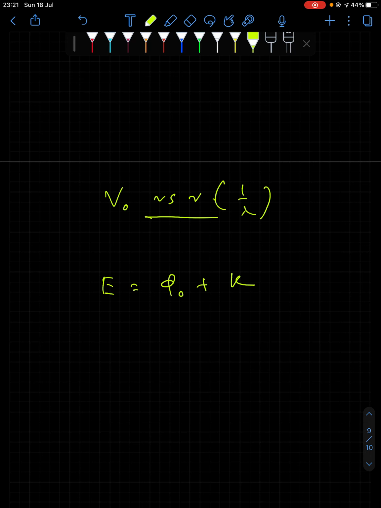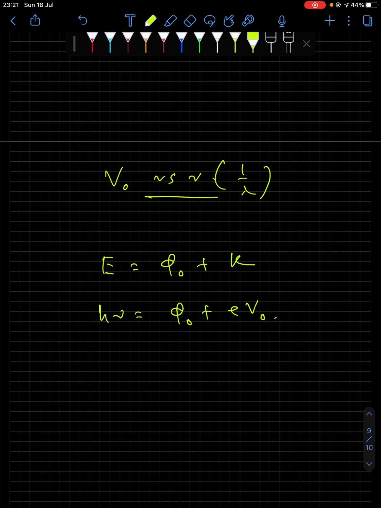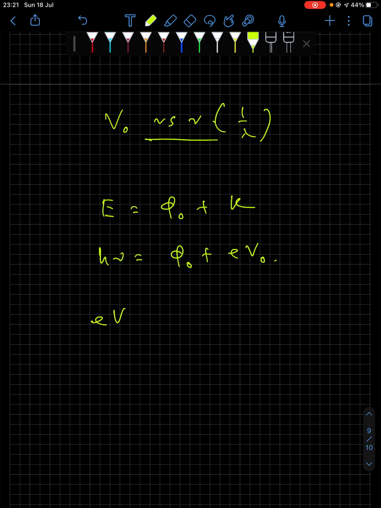Since it is V naught versus nu, energy can be written as h nu. You have phi naught plus kinetic energy, which can be written as eV naught.